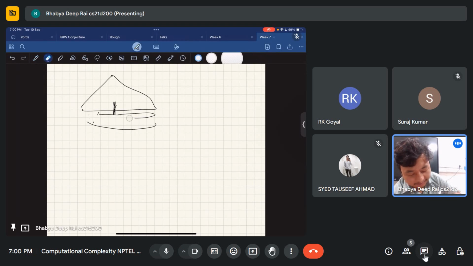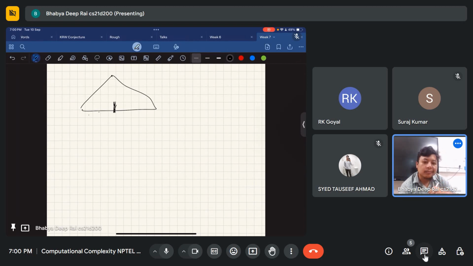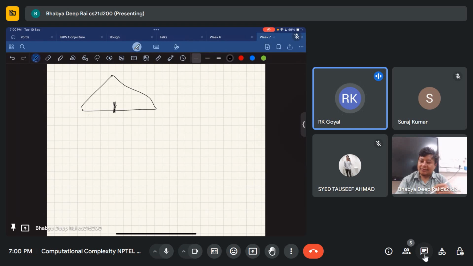But that brings me an interesting idea: can you think of randomization in circuits? Randomization in a circuit would mean that I keep some values for the actual input and some values for the random bits.